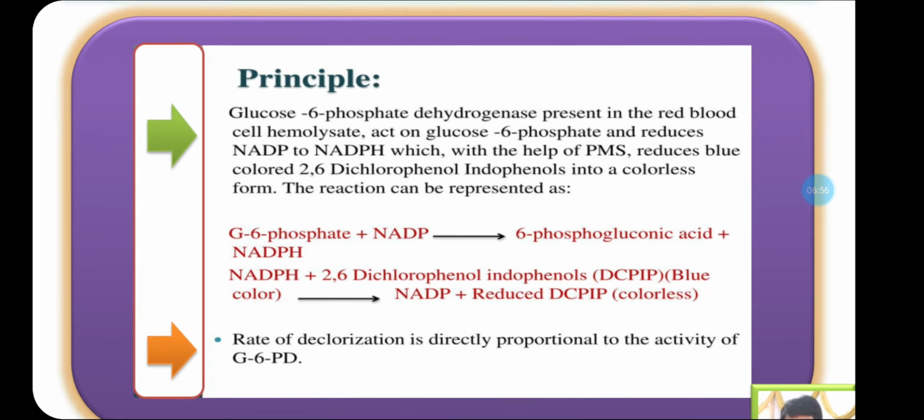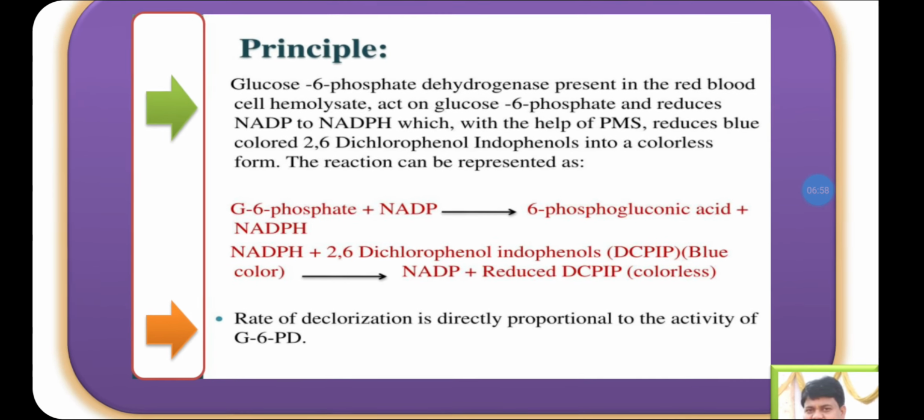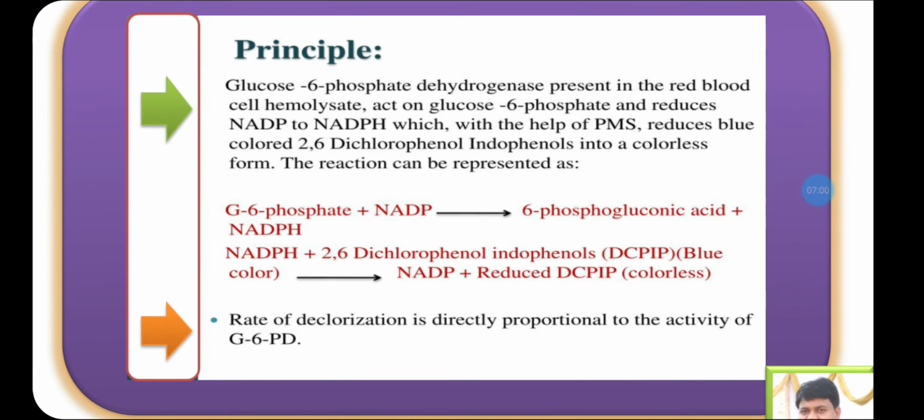If we go through the principle, as we have discussed, glucose 6-phosphate along with NADP is converted into 6-phosphogluconic acid and NADPH. This NADPH combines with a chemical called 2,6-dichlorophenolindophenol, which is a blue colored compound.